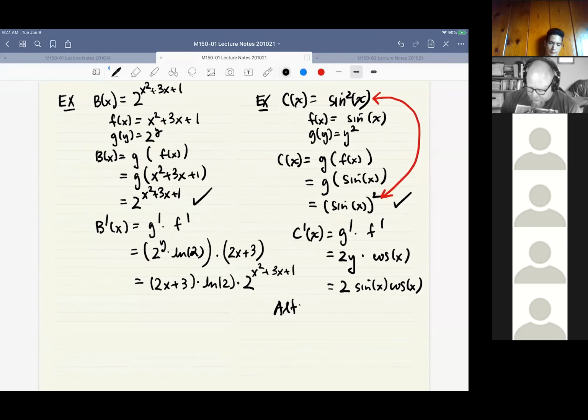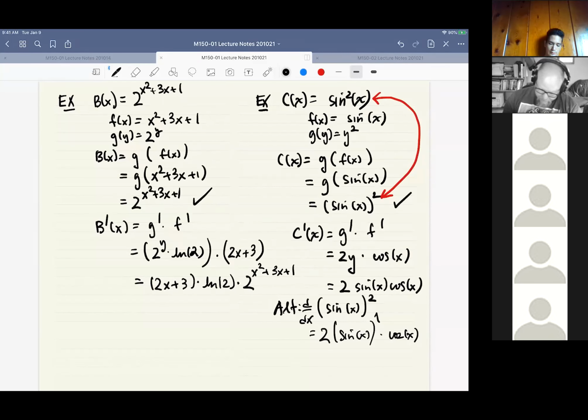Another way, I like to think of this is the way I learned it when I was learning this stuff for the first time: in my mind, I would rewrite this like this, and then I could see the power rule. So when I was differentiating this, I take the 2, make it into a coefficient, leave the sine alone, reduce the exponent, and then apply the chain rule and put the derivative of the sine.